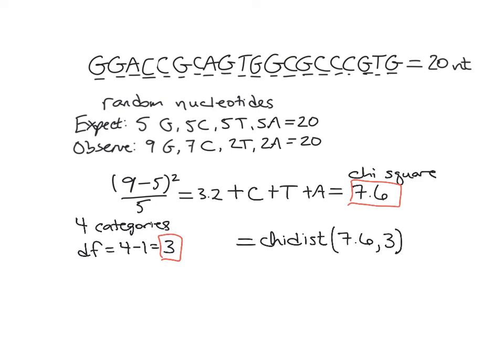And the present value in the cell after you hit enter will be the p-value, which in this case is 0.055.